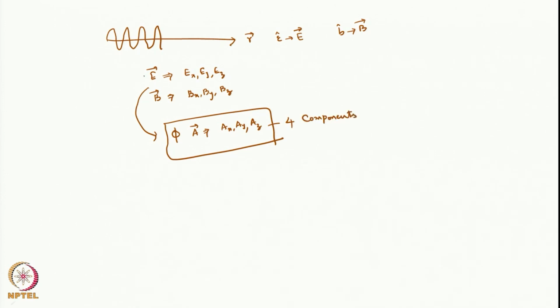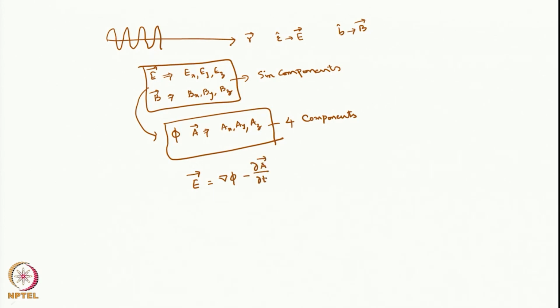These four components must be derived from the electric and magnetic fields, which have 6 components. The relationship between the fields and the vector and scalar potentials is E equals minus del phi minus dA by dt, and B equals del cross A.